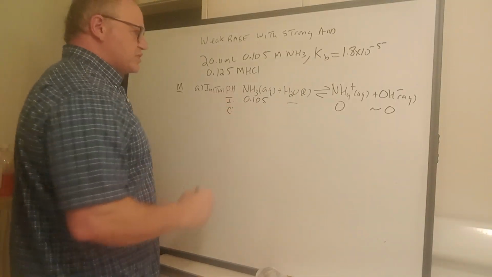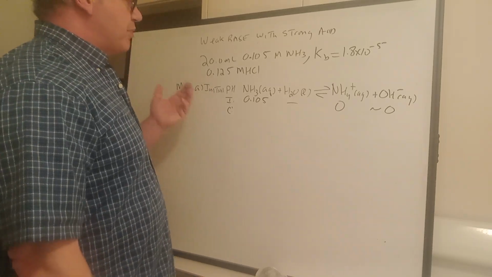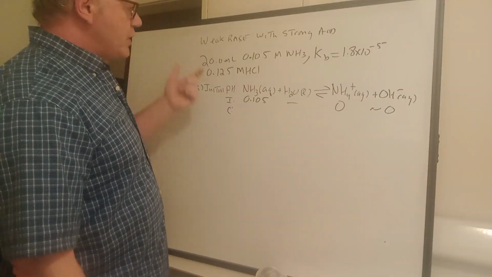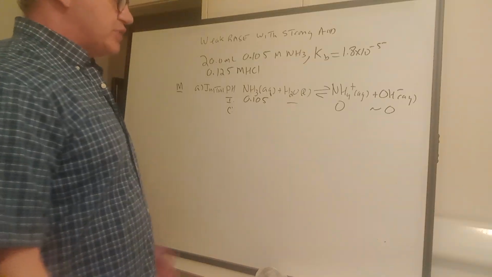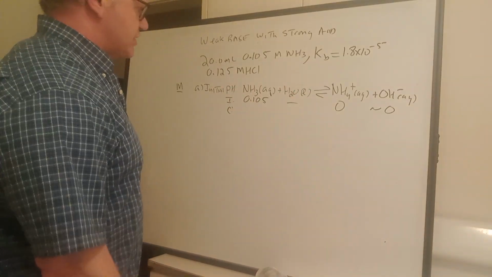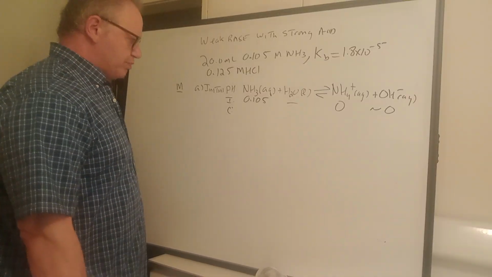The big problem here is that a lot of times the problem may not say titrating a weak base, it might simply say ammonia and give you a Kb value for it, which tells you it's a weak base, and people start to write this as an acid when it's acting as a base. That's a very common problem.